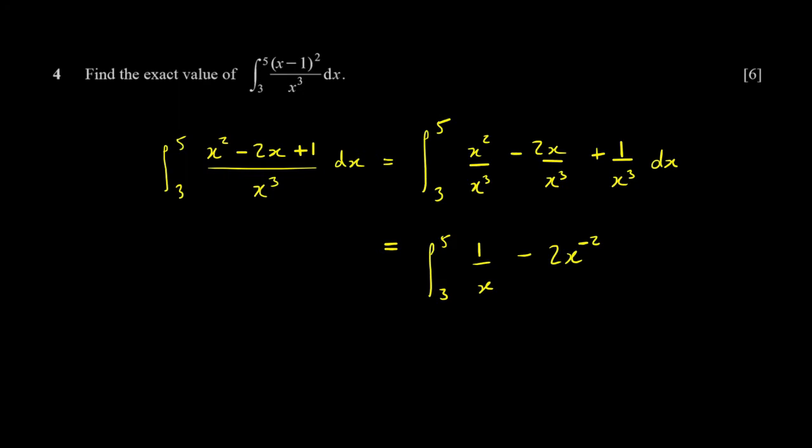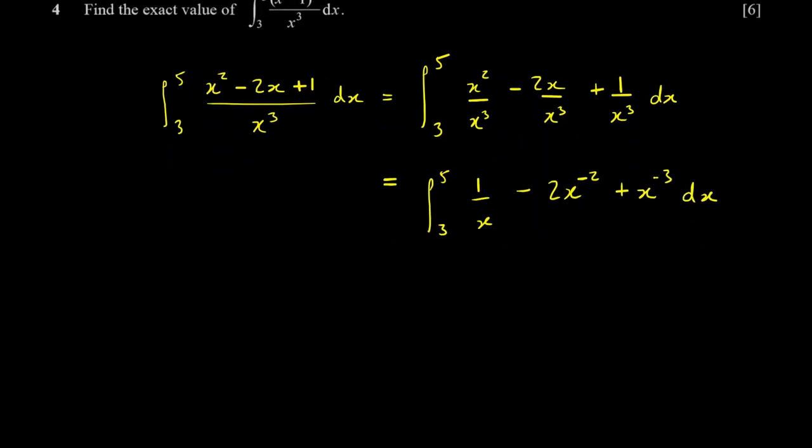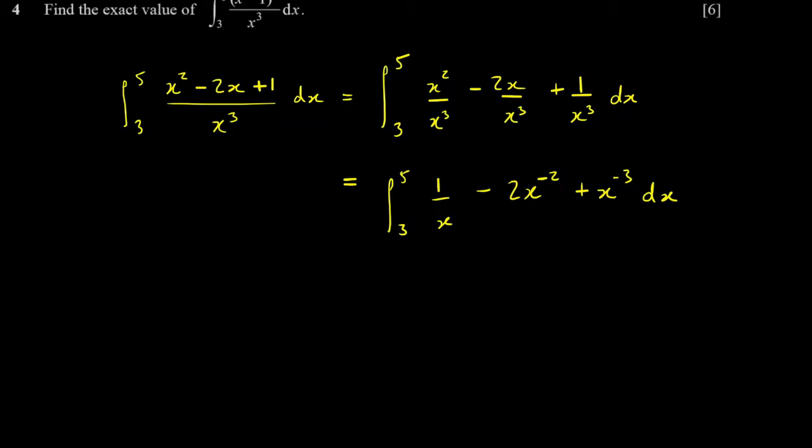There's a reason why I've written these two differently, and I'm going to explain that in a second. And 1 upon x cubed can be rewritten as x to the power of negative 3 dx. As I was saying, I have chosen very deliberately to write these two in indices form.